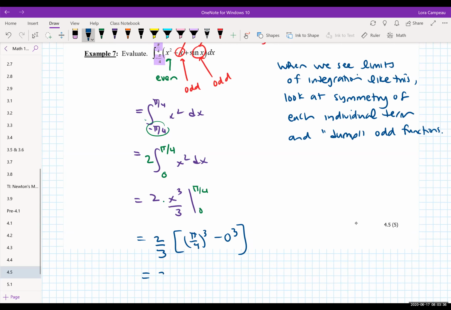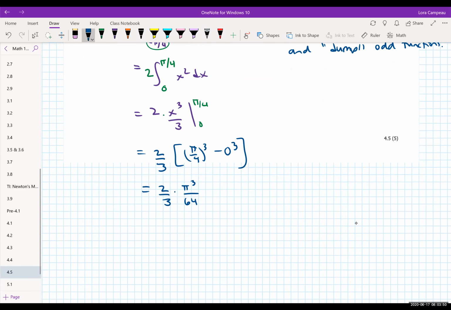Which ends up getting 2 over 3 times pi cubed over 4 cubed. What is that, 64? Sometimes we have to use our calculator at the end. If you want to simplify this a little more, what is 2/3 times 64? It is 1 over 96.